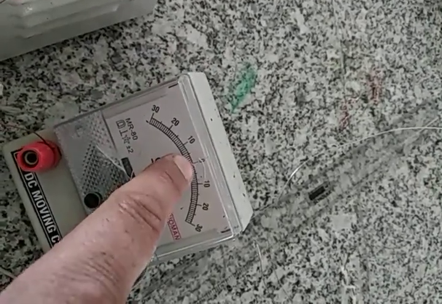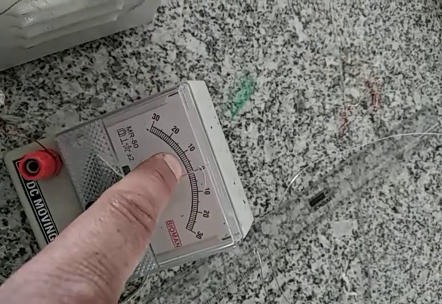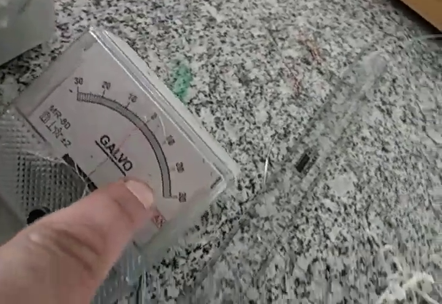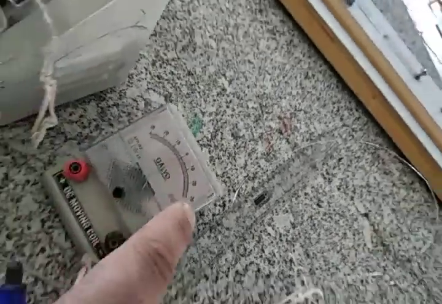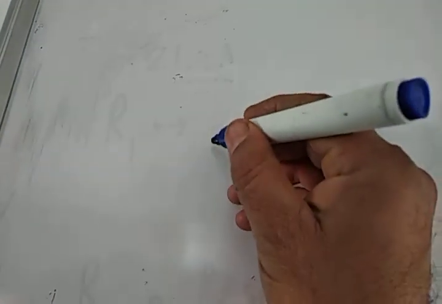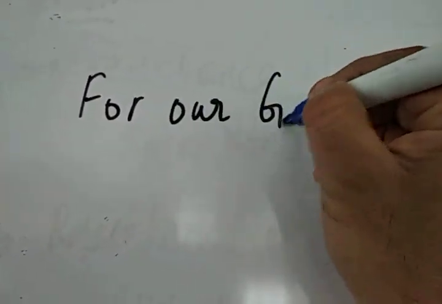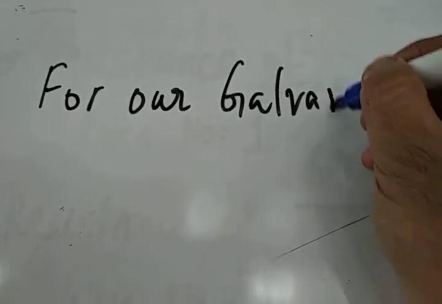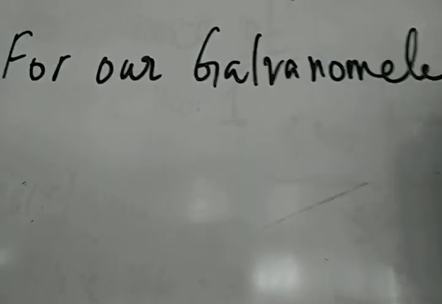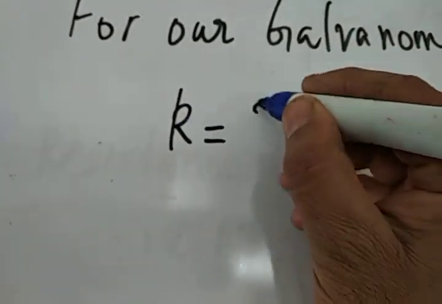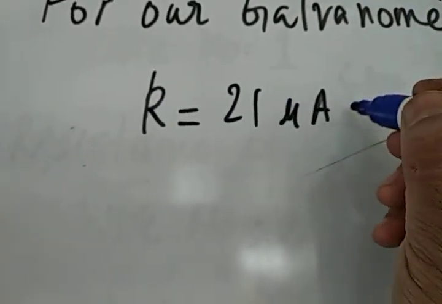So we can find out the full-scale deflection current. How many divisions do we have here? We have 30 divisions, and we can find out the full-scale deflection current for this galvanometer. For a galvanometer, the figure of merit is 21 microamperes per division.